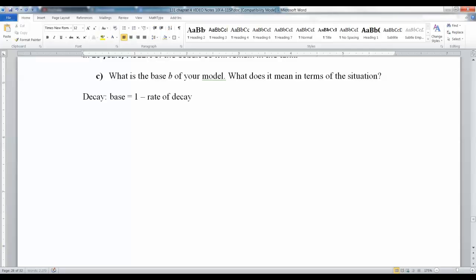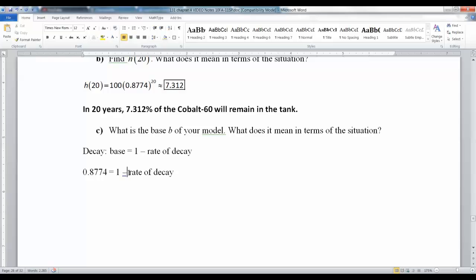Okay? So you found that your base was 0.8774. That must be equal to 1 minus the rate of decay. Okay, so you need to figure out, 1 minus this rate of decay is equal to this number. So how could you find what the rate of decay is? Well, you can fiddle around with it a little bit and you'll see, here, I'll solve for it.